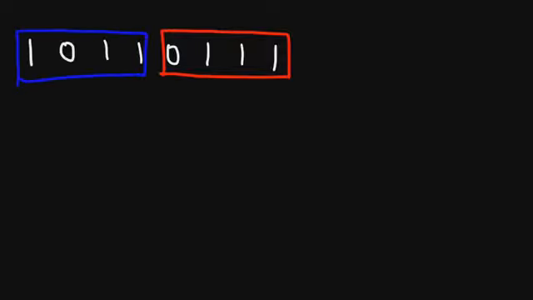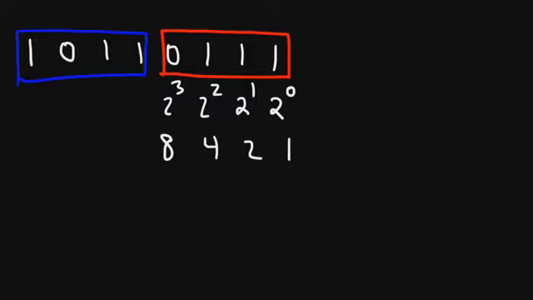Now convert the binary numbers into a decimal value. To do so, we need to multiply the first 1 by 2 to the 0, then the second one by 2 to the first power, and then by 2 squared and 2 to the third power. 2 to the third power is 8, 2 squared is 4, 2 to the first is 2, and anything raised to the 0 power is 1. So we have 0 times 8, so that's 0.